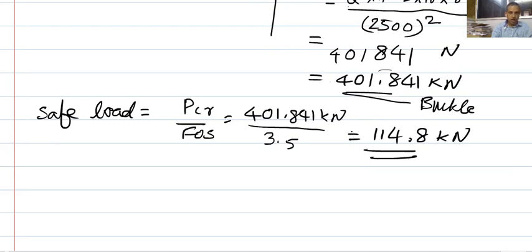Another question I can solve is an aluminum alloy. Third question, an aluminum alloy has a yield strength of 40 Newton per mm square.